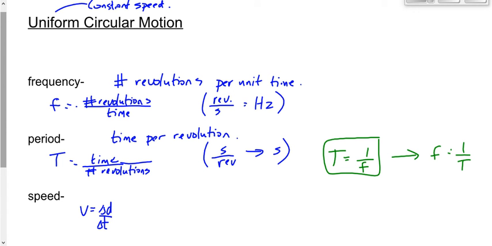When an object goes around in a circle, it is not traveling at a constant velocity. It is traveling at a constant speed. Can you explain to me how we can say that it's not traveling at a constant velocity, but it is traveling at a constant speed? Good. Velocity is a vector. You're changing direction.